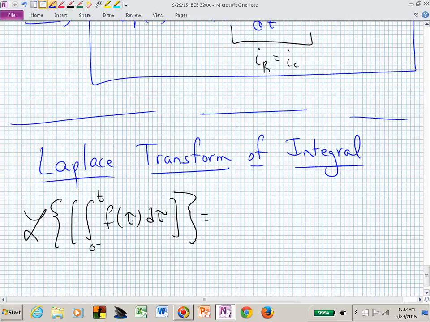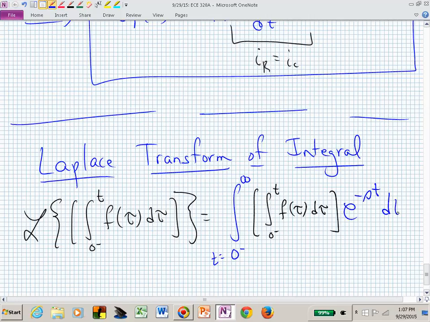If we plug that into the definition of the Laplace transform, that's now integrating from t equals 0 minus up to infinity of the function itself, which is this integral from 0 minus to t, f of tau d tau. That's the waveform that we're trying to Laplace transform, e to the minus st dt.